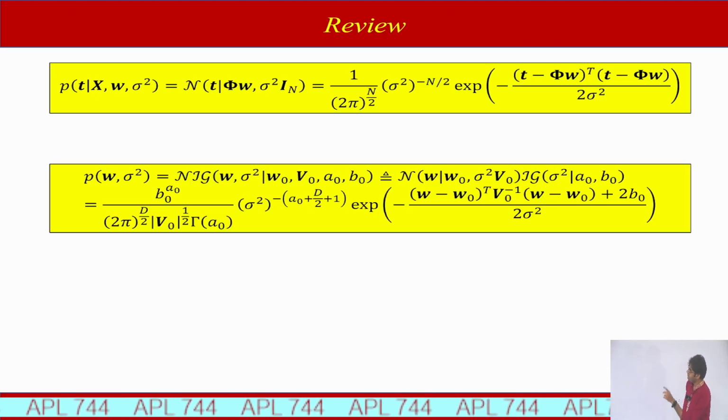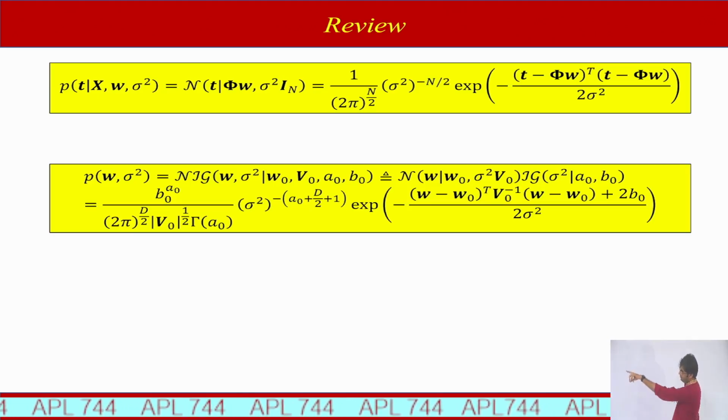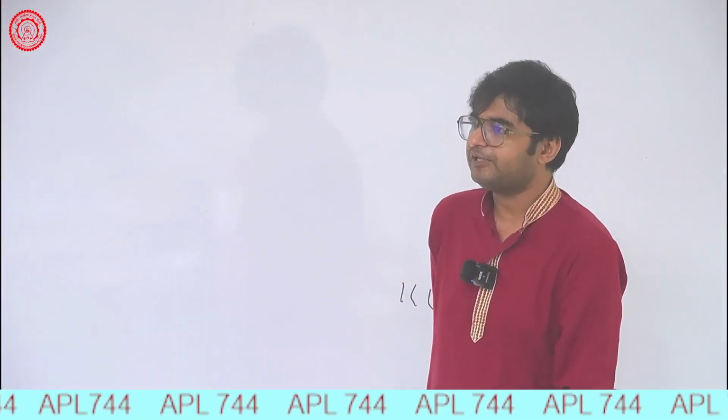In the second, I said that when sigma square is unknown, my conjugate prior will be Gauss inverse gamma, and it takes the form shown here. This is where we stopped, because we did not complete computing the posterior.